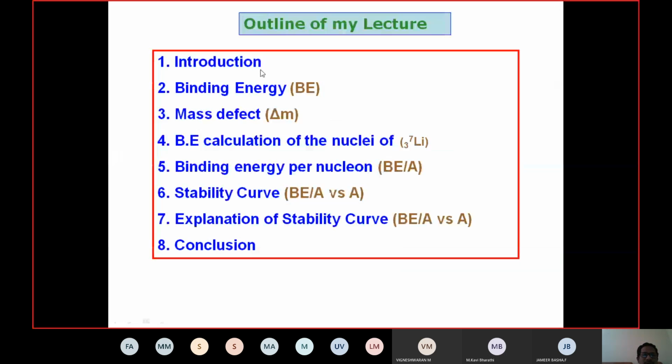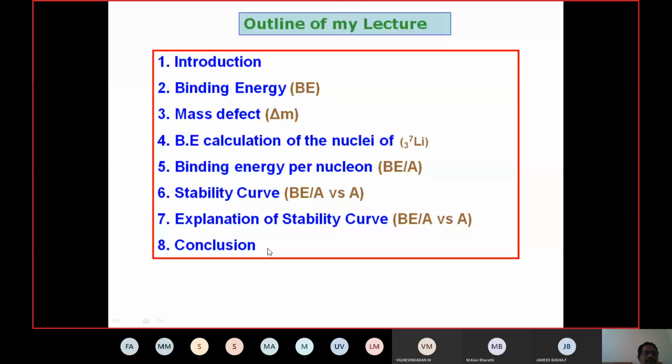I'll give an introduction and definition of binding energy, how to calculate the binding energy of lithium nuclei, what is meant by binding energy per nucleon, and then what the stability curve is, how it increases and decreases for lighter and heavier nuclei, and which nucleus has the maximum binding energy per nucleon. Finally, we discuss some conclusions.